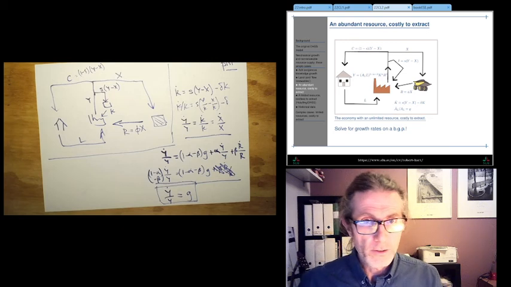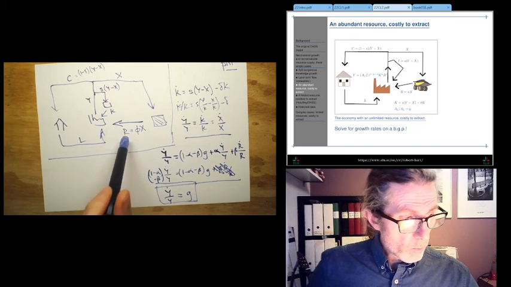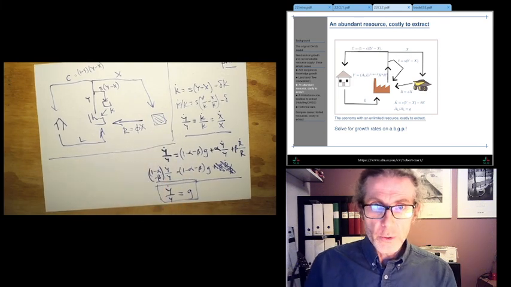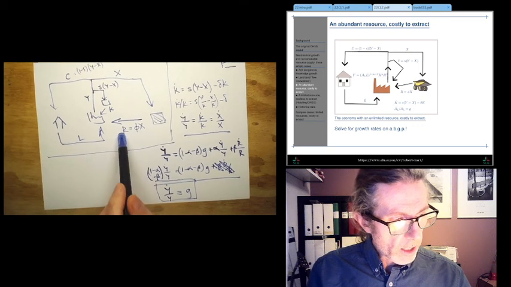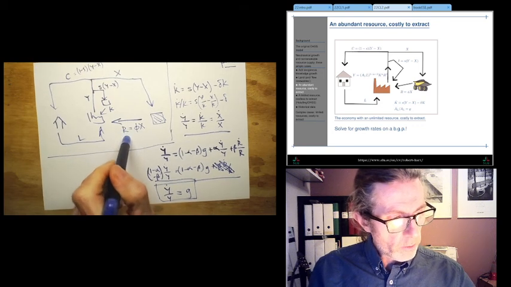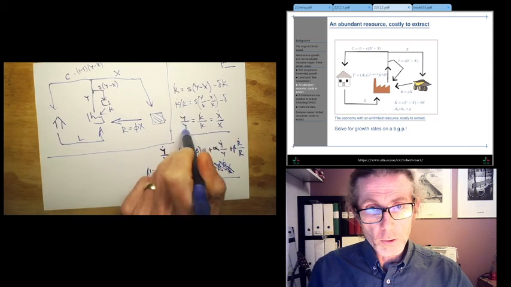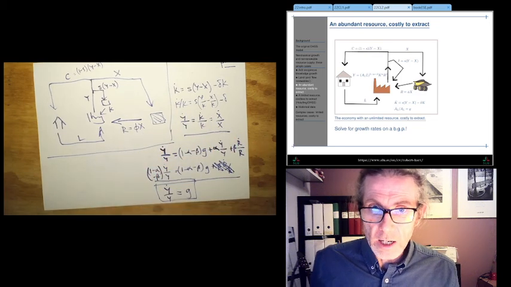It's because when land was fixed, that was a drag on growth because it couldn't grow. But here, R, the flow of the resource, is going to grow at the overall growth rate. So it's not a drag on growth.